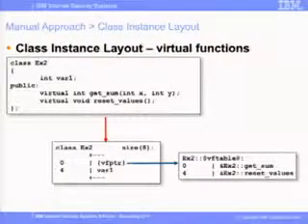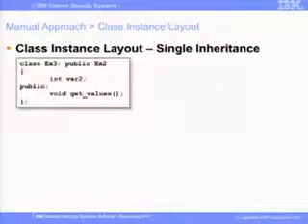So what if the class inherits from another class, from one class? In the example, the class x3 inherits from the class in the previous slide, x2. Class x3 has 1 member variable.